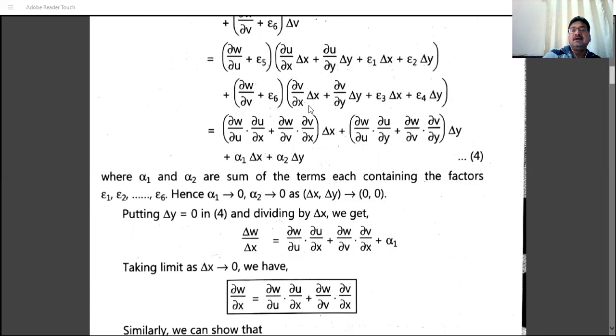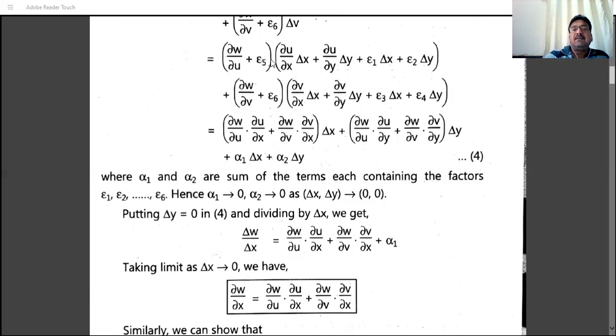Okay, and here we have also 8 terms. Out of that, the first 2 terms are collected in this bracket. So what are they? ∂w/∂u ∂u/∂x delta x, and this ∂w/∂v ∂v/∂x delta x. So from these 2 terms, take delta x common factor.